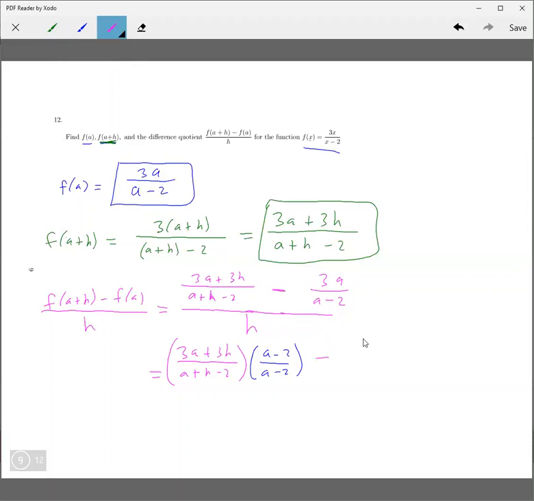Okay, and then we're going to take this term here and multiply it by this denominator divided by itself. Dang, and we're going to run out of space if we do this.